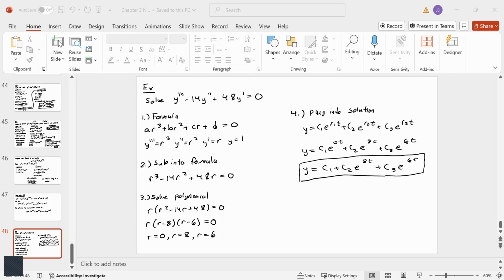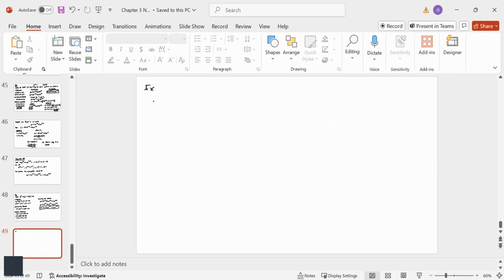So let's look at an example like that, where I say, find the differential equation for the solution set. If I give you a set of terms, you're going to say, okay, it's for the solution set, and we'll do one that's not too bad.